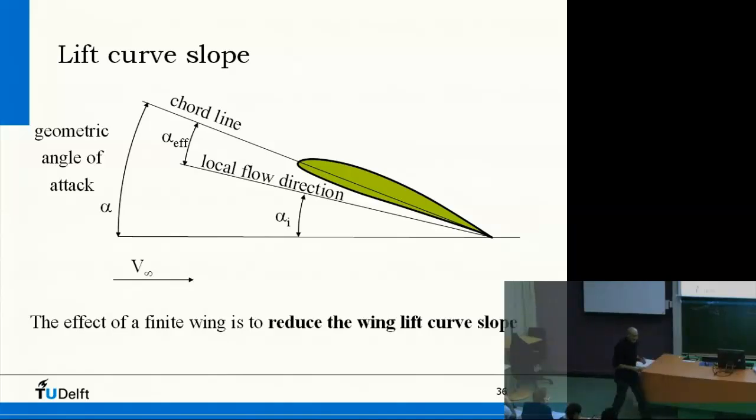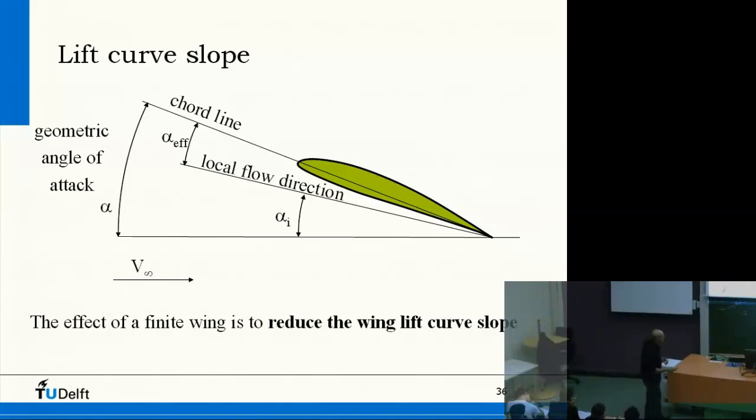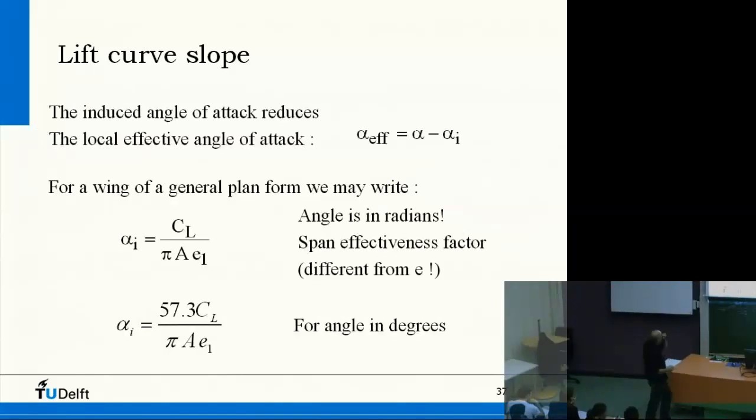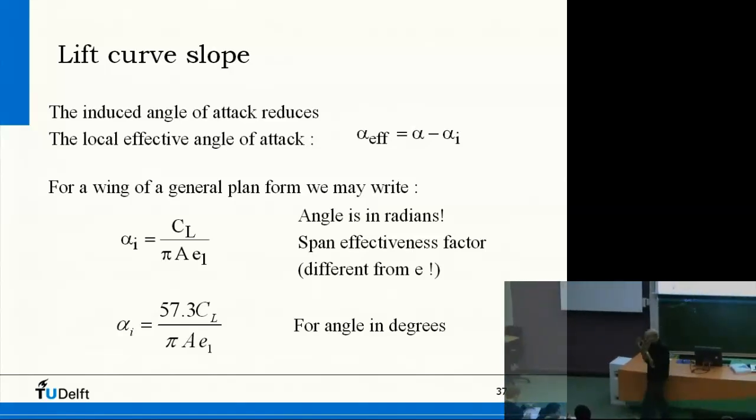So geometrically, for the wing, this is the angle of attack. But what the airfoil sees, because of this vectorial addition of velocities, is this one, alpha effective. So that's alpha minus alpha i. Here we see it. The local effective angle of attack is this one. So that's what the airfoil sees.